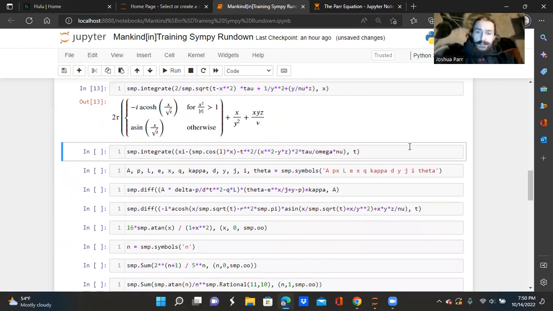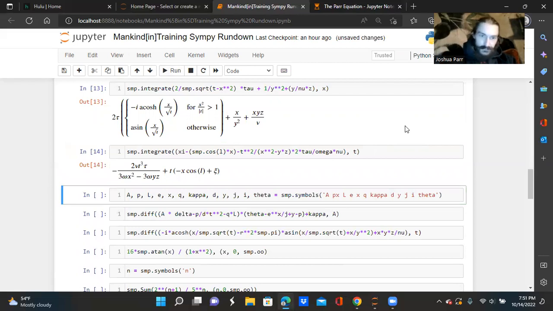Now that I've gotten my answer here, we're going to integrate a different function. Now I have xi minus cosine of L times x minus t squared divided by x squared minus y times z times 2 times tau divided by omega times nu. And now I'm integrating with respect to time.